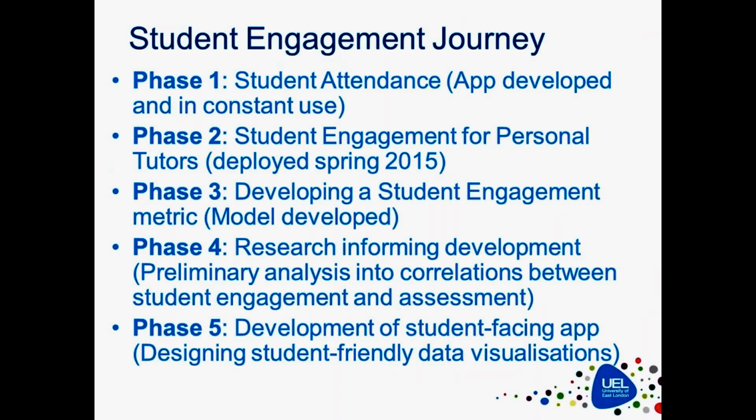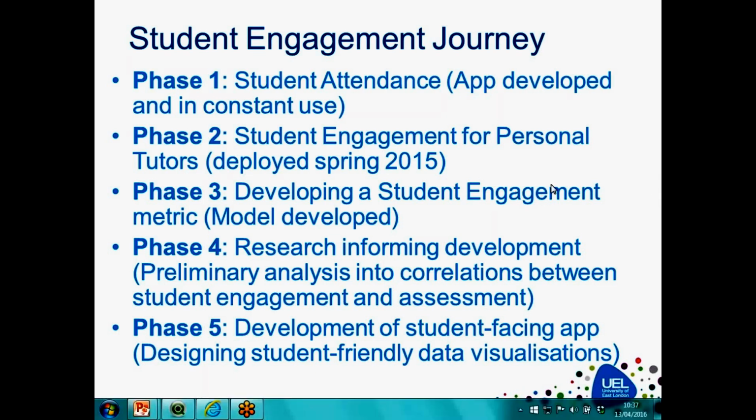Just to give you a very quick overview of where we've come from. Effectively, we've got 5 phases of the project, and they've not necessarily happened in chronological order. Some we've run in parallel, but to give you some idea of how the project's evolved over the last 4 years, we started out, like many, really looking at student attendance in some detail. And we developed an app for that, and it's used constantly by our student retention team.